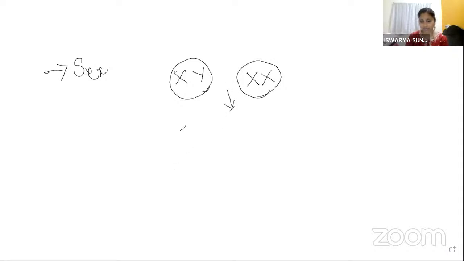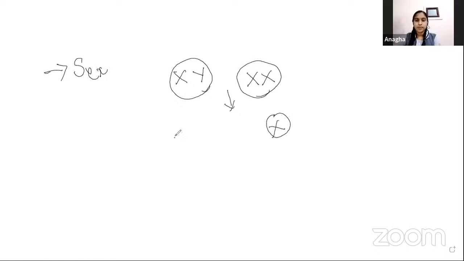Now you took capital T, one capital T, small t, one small t. Likewise, what will you take here? X. Good. Correct. Then here, what will you take? X and Y.